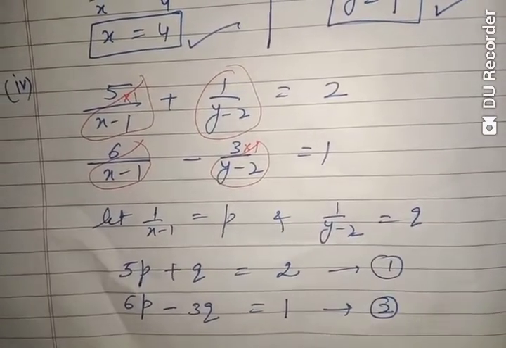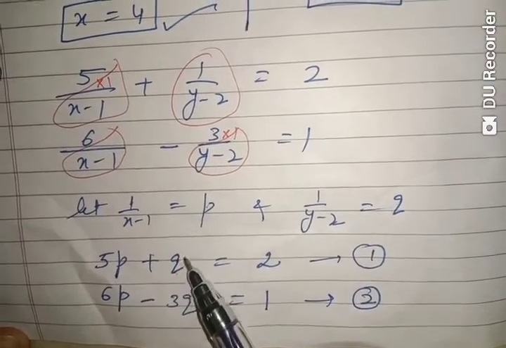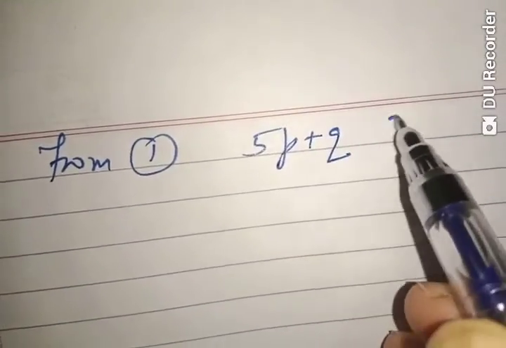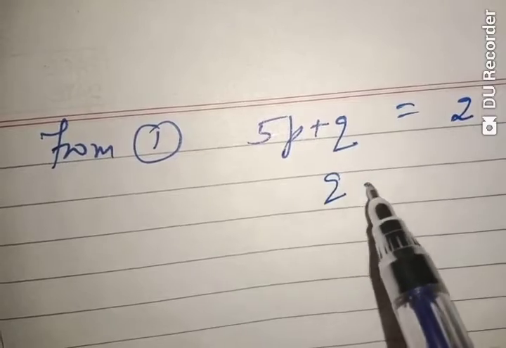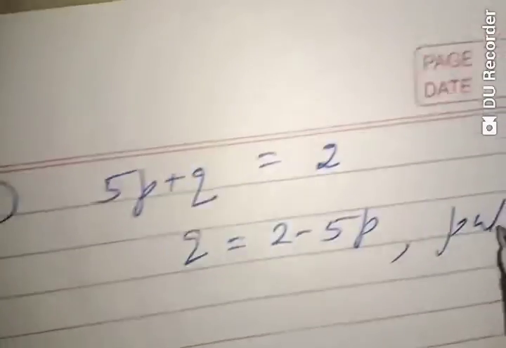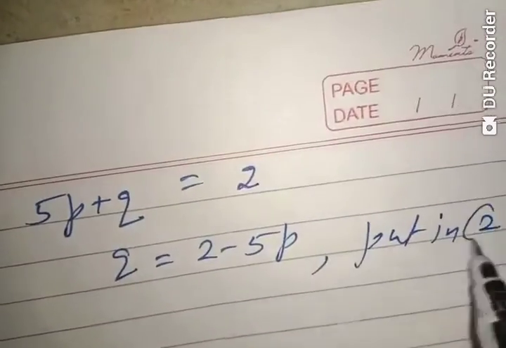The meaning of substitution is that I will take the value of q from here and substitute this in the other equation. So from one equation, it is up to you, you can take from any equation, the value of q is 2 minus 5p. Now put this value in, because we have taken it from 1, so put it in 2.